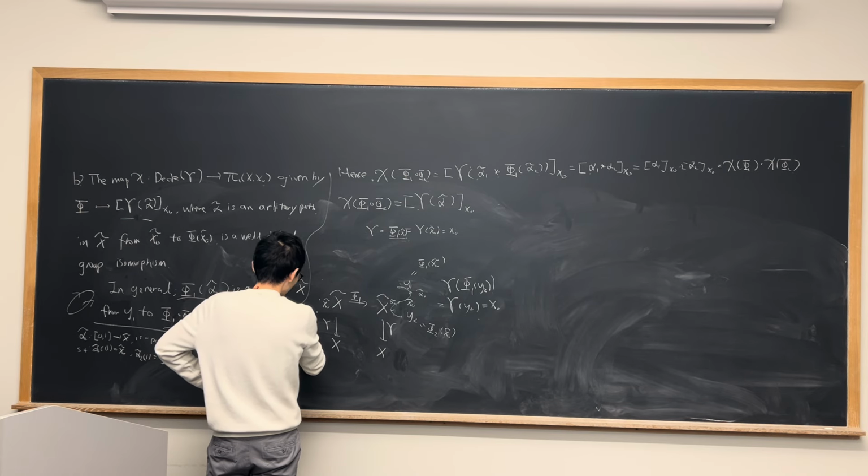So this is phi 1 of y2, which is phi 1 composed with phi 2 of this x naught tilde.